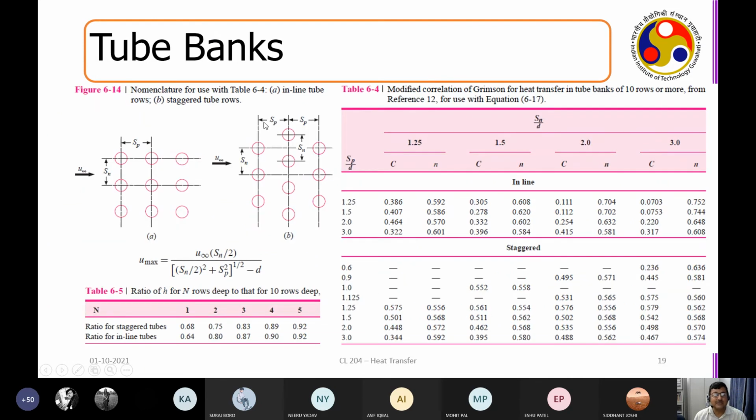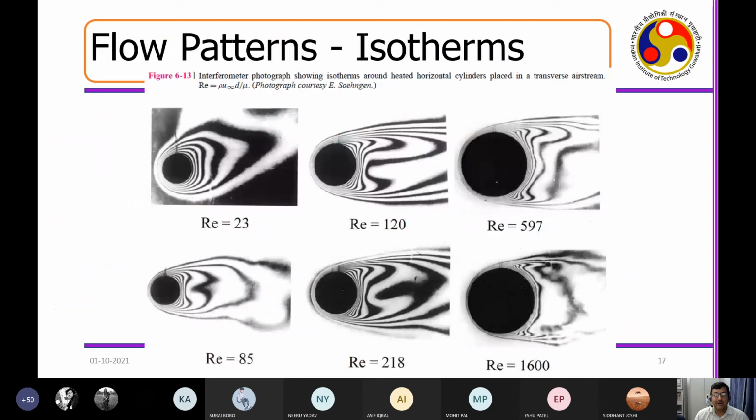At the same time, suppose you have a shell and tube heat exchanger, you have tube banks. In those situations also, whenever you are calculating the friction factor for a flow coupled with heat transfer, you have to bring in the concept of Nusselt number, Prandtl number, and Reynolds number in the form of the Dittus-Boelter equation, in order to really explain them.